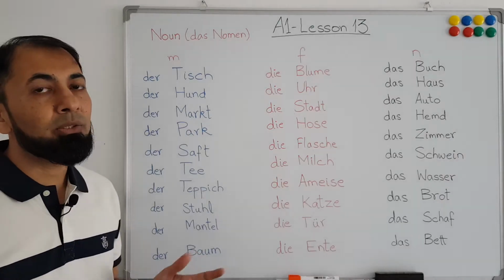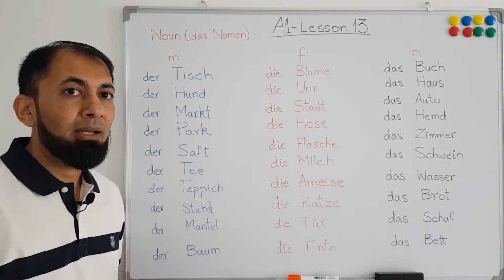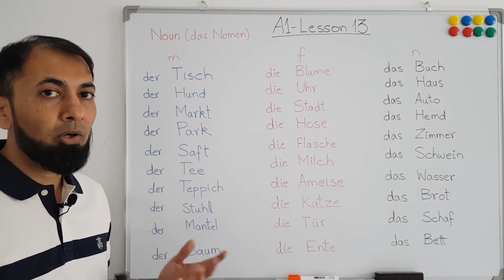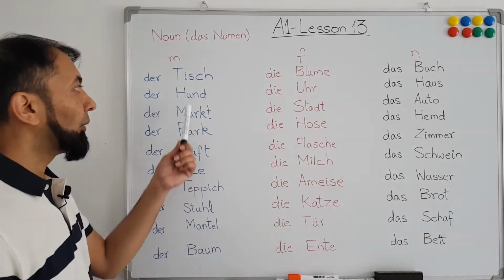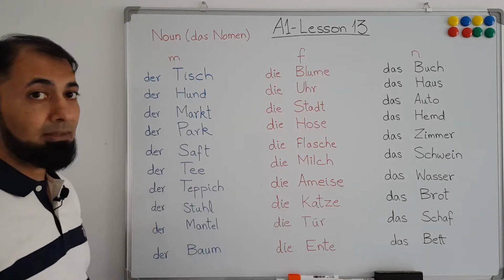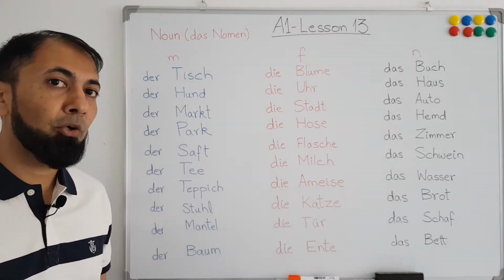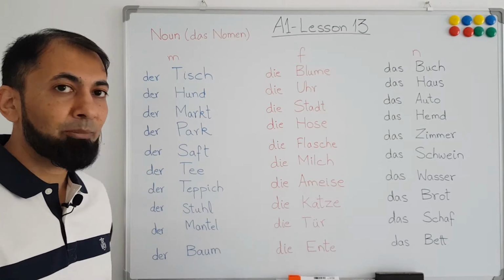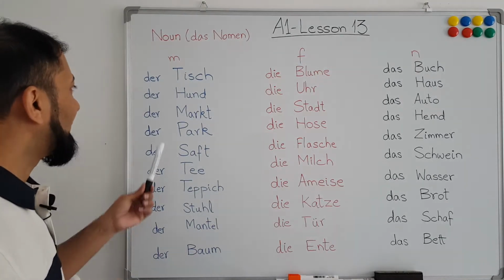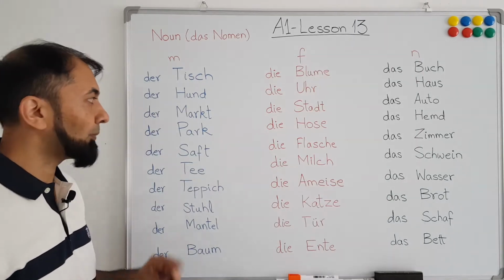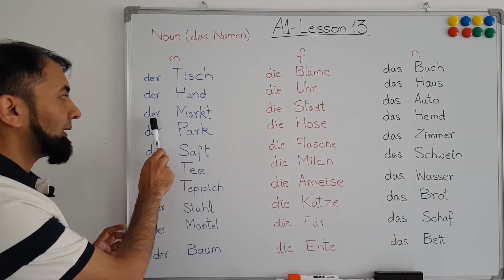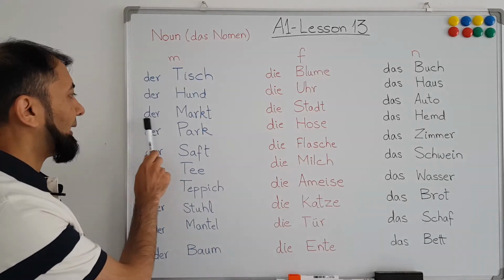So if you search in Google, for example, and say Herr Hund or Mr. Hund, you will find that there are a lot of people who have the family name Hund. This could be a surprising thing for you also, because it was at least surprising for me. Der Markt. Markt means market. So market in German language is masculine and it has the article der.